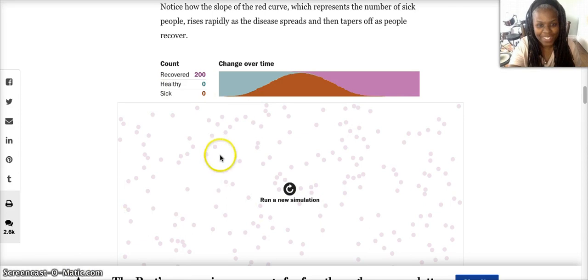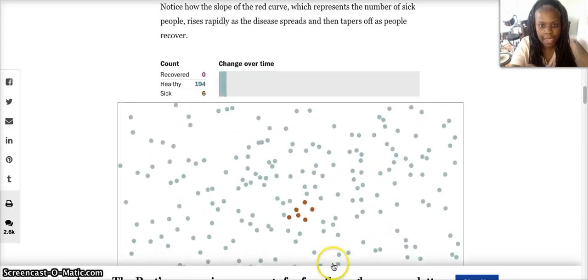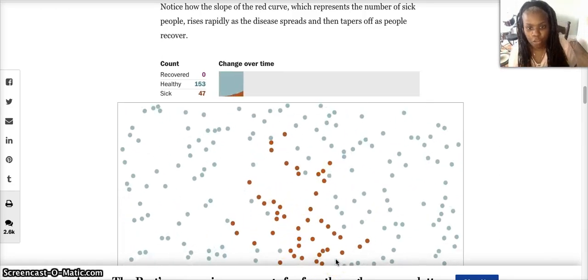Okay, so here's what I have. If you look at this model, this is what happens if you took a group of 200 people with a couple unhealthy people in the mix, and then you just let it go over time.